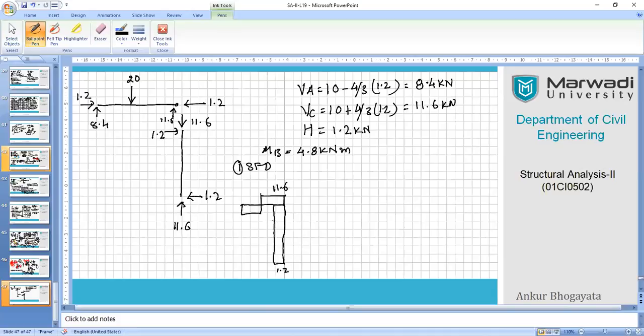Now some students may get the reverse of this because of negative and positive signs. That depends upon your own sign conventions that you have to adopt, right? Sorry, this will be negative. So it should not be a problem, but at least you should get the right shape of the answers. So this is your SFD. Second, let me give you the BMD also.